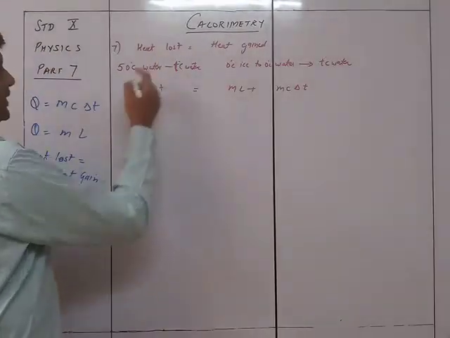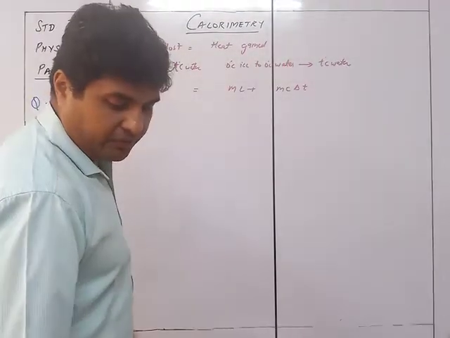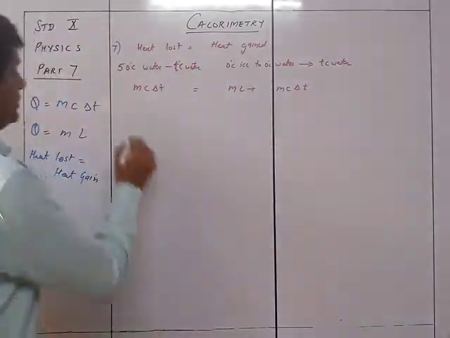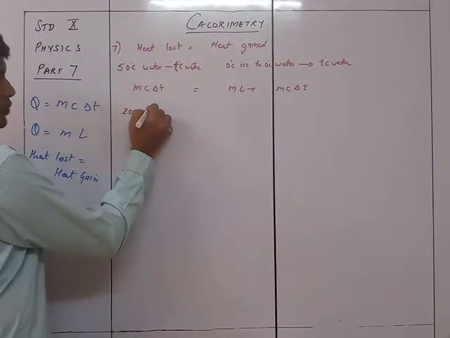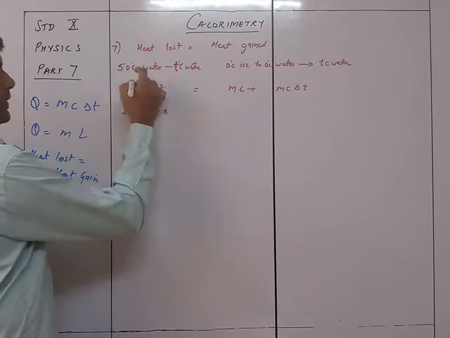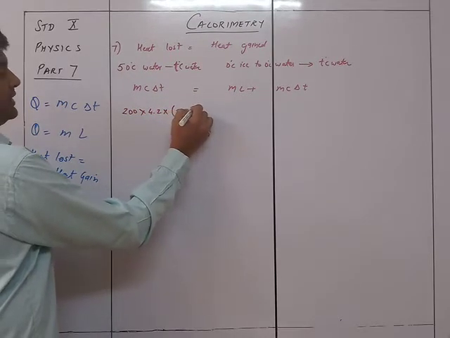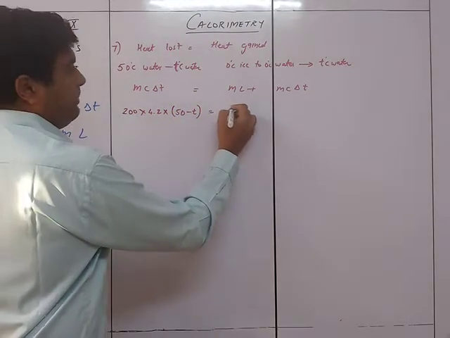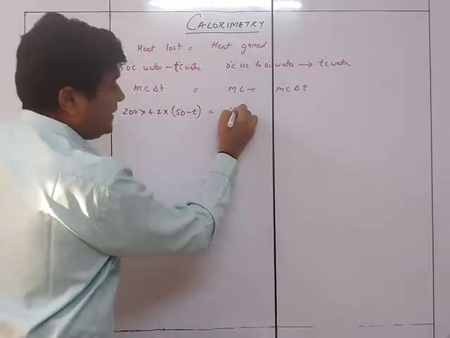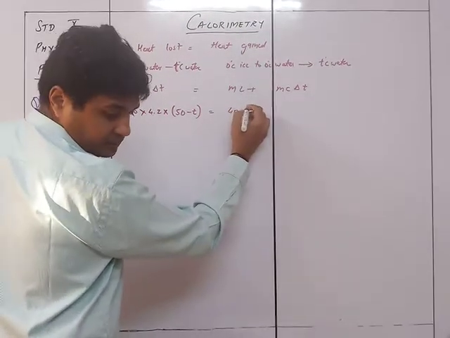So we know that over here the mass of the ice was 40 and this was 200. So this is 200 into 4.2 into temperature will be 50 minus T is equal to ml will be given as 40 grams into 336.